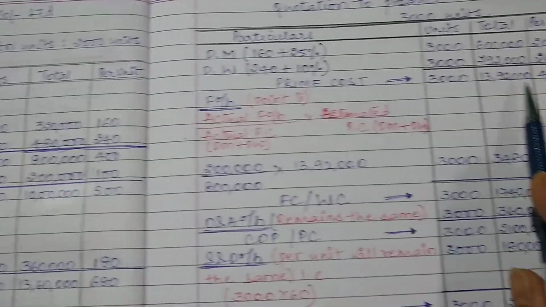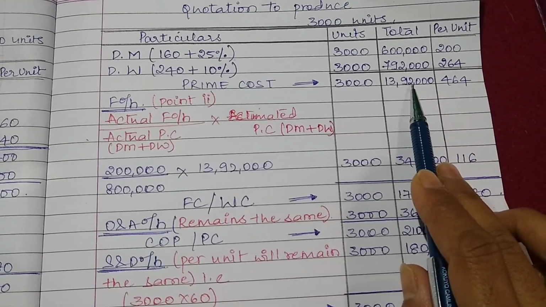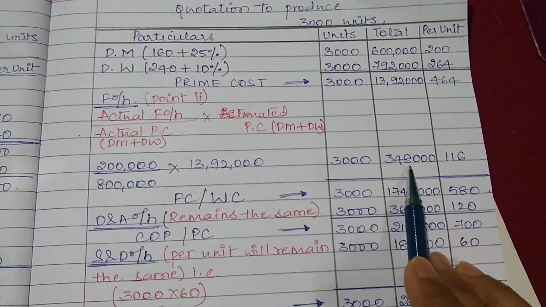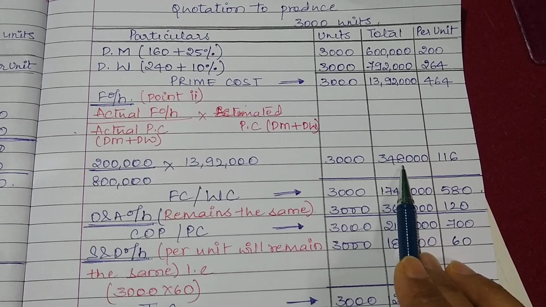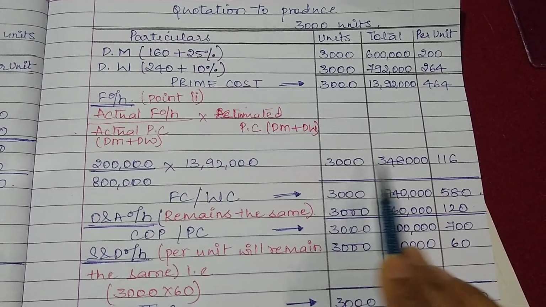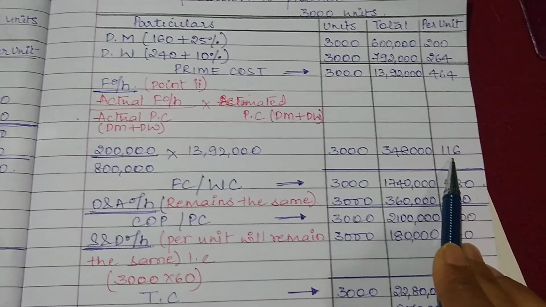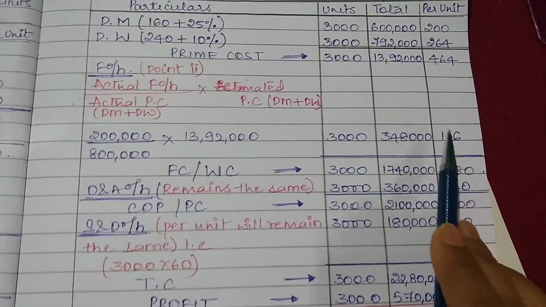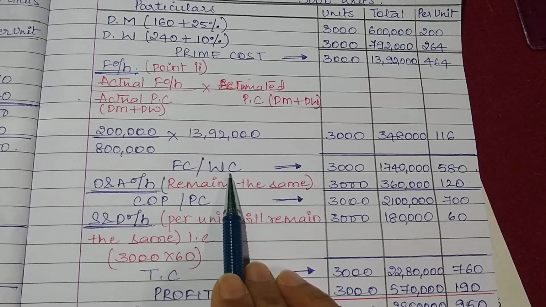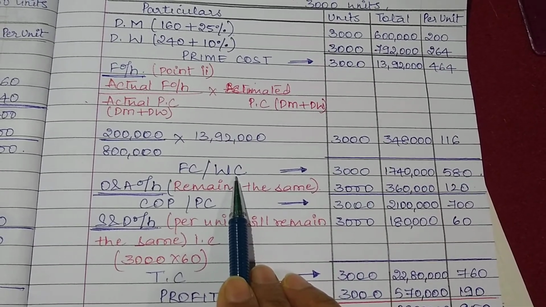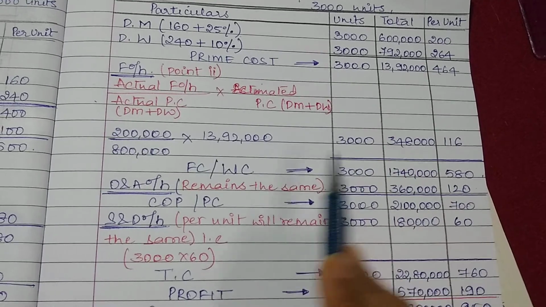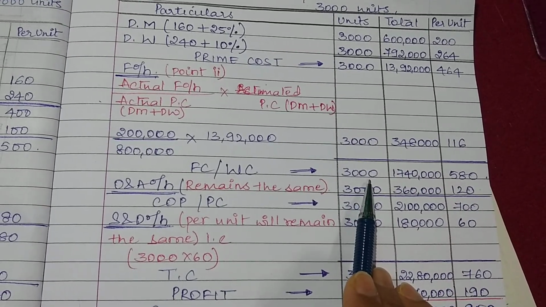What is the estimated prime cost? 13 lakh 92,000. You will have 3 lakh 48,000. Divided by 3,000 units, you will have 116 rupees. After that, your factory cost or works cost has been calculated. So you will take the total of this and you will have the answer.